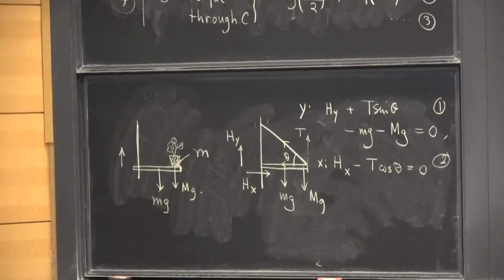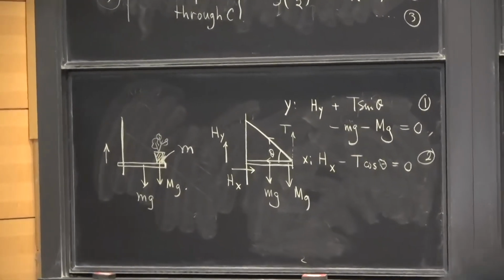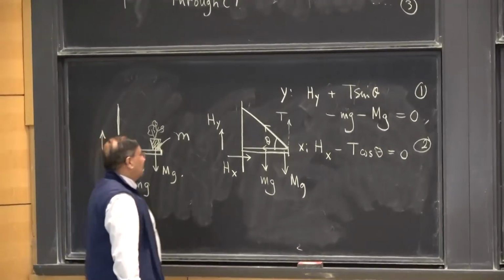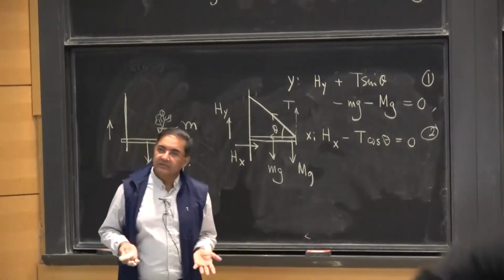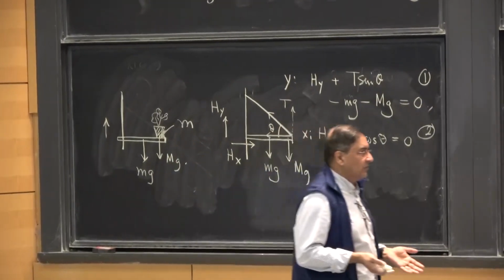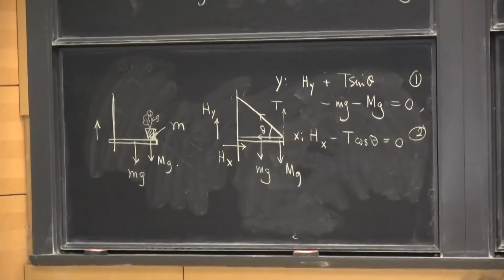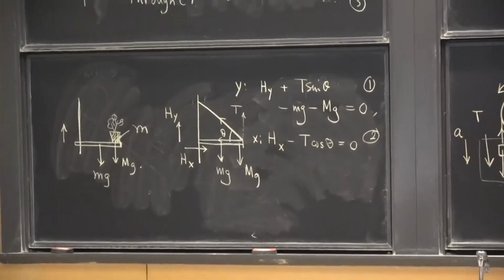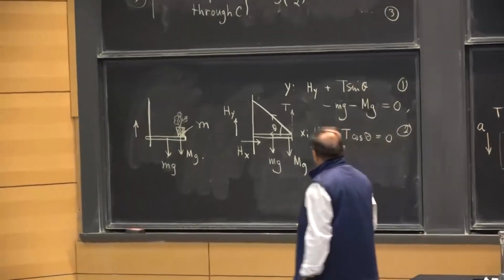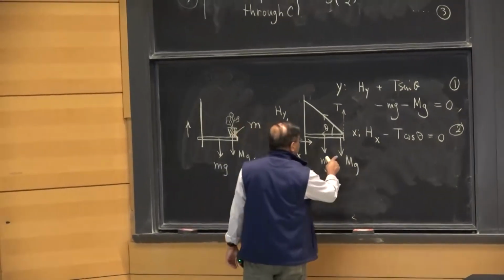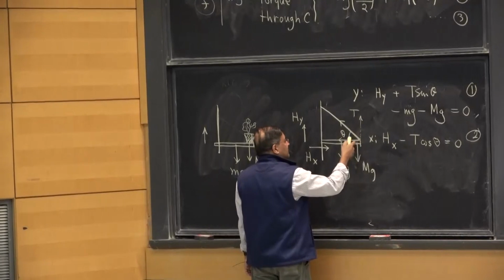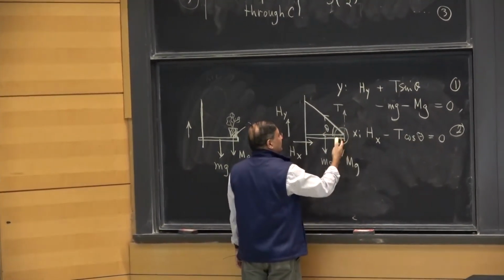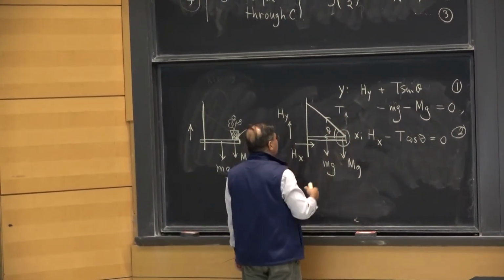Now we have to do the hard one, the torque equation. So the question is, about which point should I take my torque? Because I want to take my torque about the point through which most torques will go away. Now, assuming that this big M and this are at the same point, there are three forces here, this one, and that one.